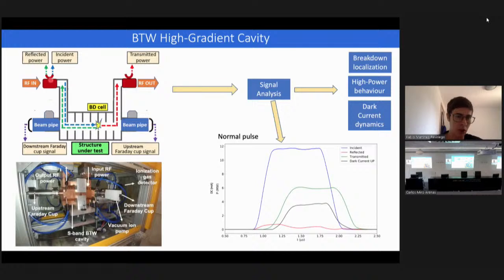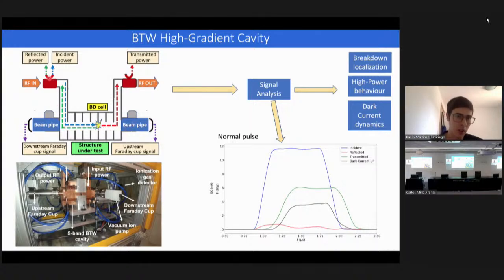Then we also have some diagnostic equipment connected to the cavity that we are testing, as you can see over here. With this equipment, we can, first of all, measure the electrons that are being produced inside the cavity due to the tunneling effect that I mentioned before. We collect them here and here.